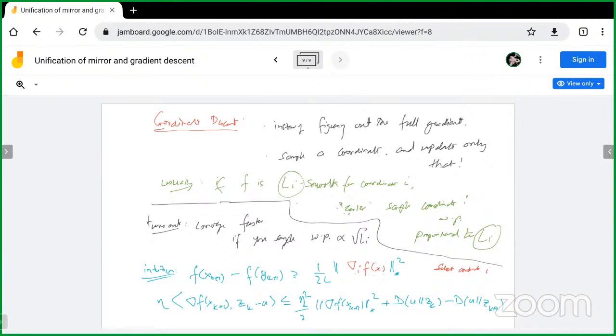And what about here? If I want this side to remain the same in expectation, then this thing here should be something like 1 over pi times gradient i.